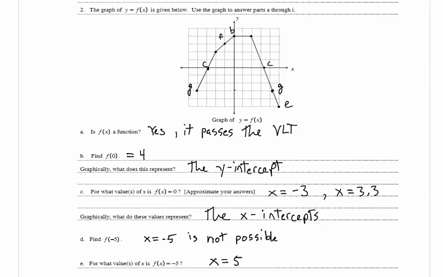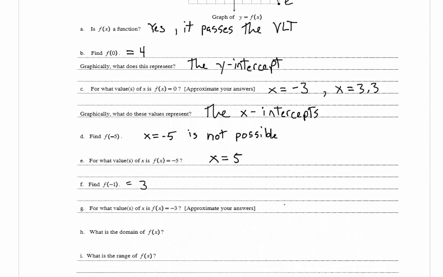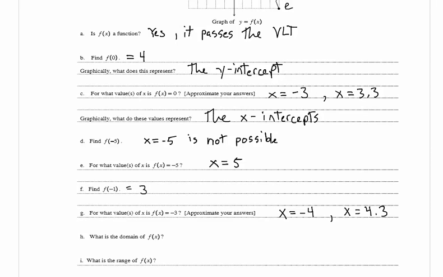So we can say that x is equal to -4, or x is equal to 1, 2, 3, 4, a little more than 4, so we'll say 4.3. So x is equal to -4, or x is equal to 4.3.